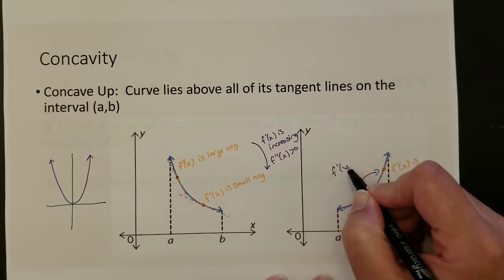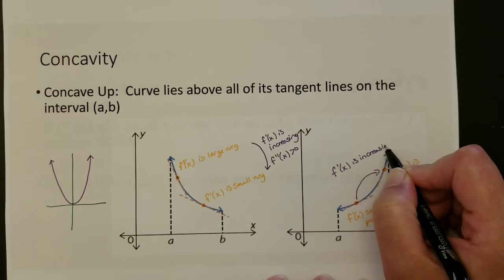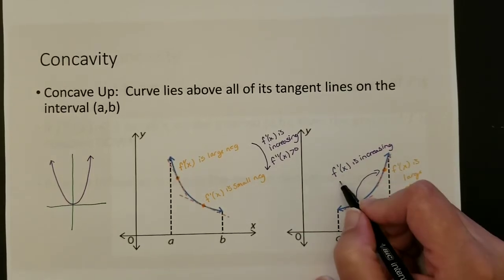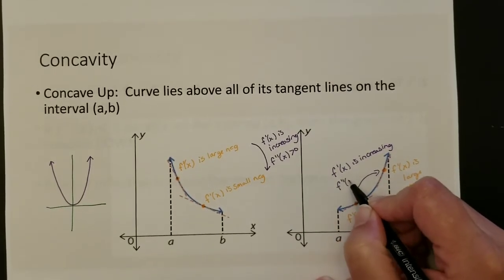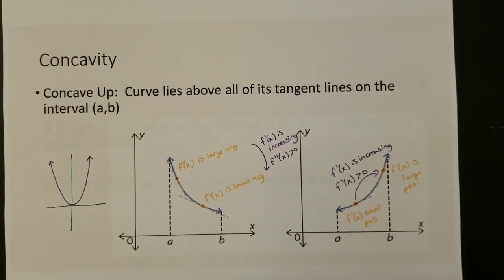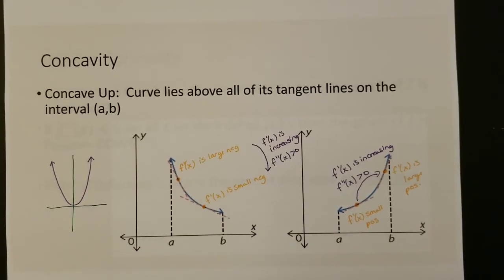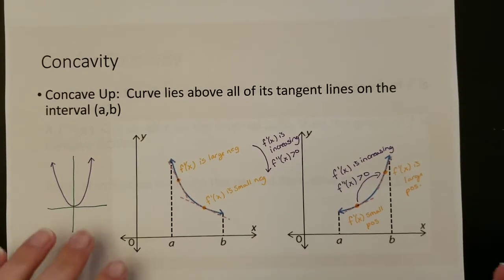That means f prime at x is increasing. If the derivative is increasing, then the second derivative, the derivative of that derivative, has to be positive, because my derivative function is increasing. The derivative of that derivative, that's a lot of times to say derivative, but that's the second derivative, will be greater than 0.